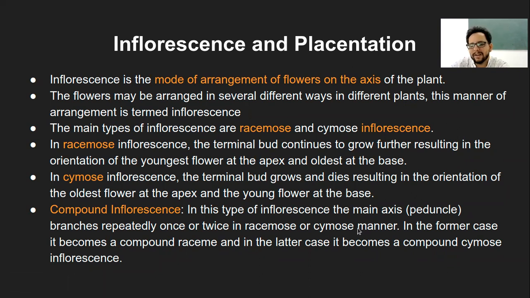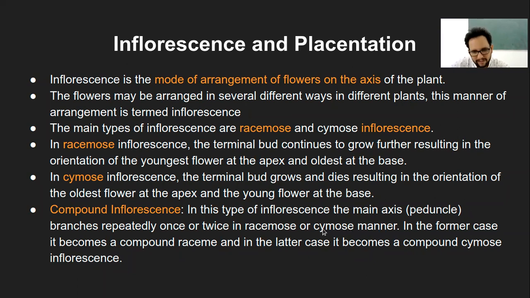But again, this alternate is not always like there will be one branch with racemose and one branch with cymose, you may not even see it like that. But some flowers are arranged in racemose inflorescence, and some of them are arranged in cymose inflorescence type.